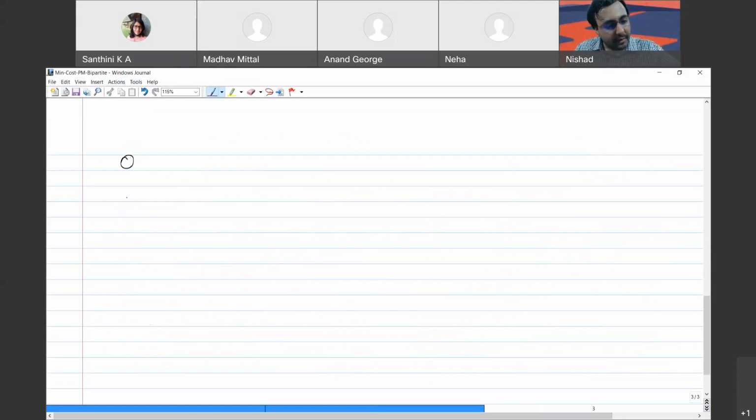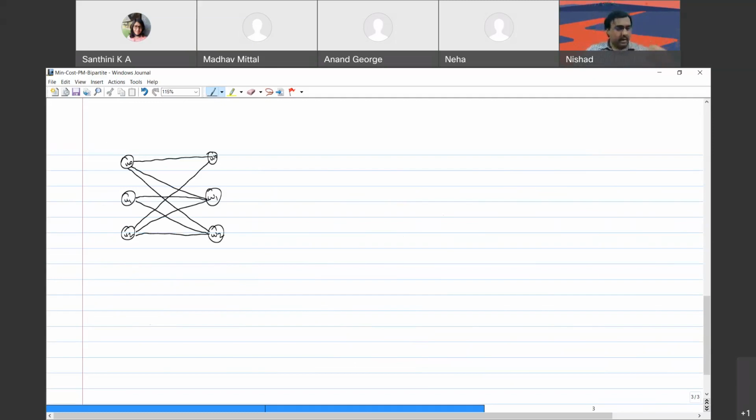Okay. So we have got U0, U1, U2, and W0, W1, W2. And we have got all edges except one of the edges. We don't have U1 W0, I guess. And we have the other edges. Okay. And let's put down the costs. 4, minus 2, minus 2.